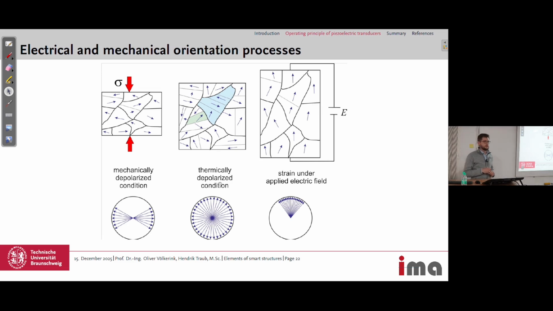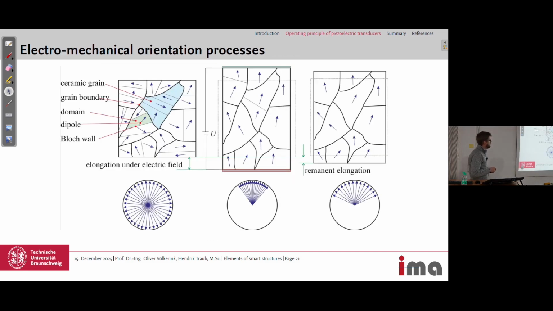Do you have an idea? Electric field, reverse? No. So this is the spontaneous polarized state, then you apply the electric field, and if you remove the electric field, it's still polarized, but not as strongly as under the electric field, but it does not go back to the depolarized state.